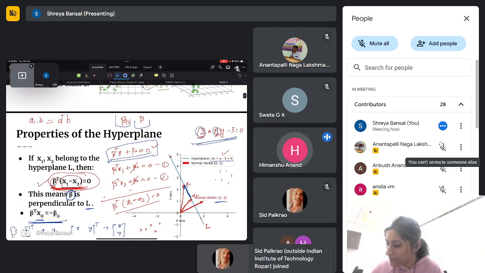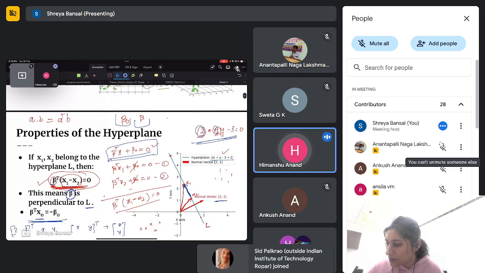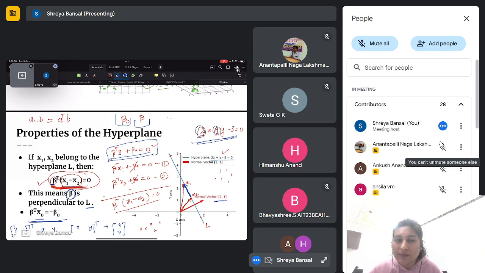So here, beta is representing all the coefficients of your variables.